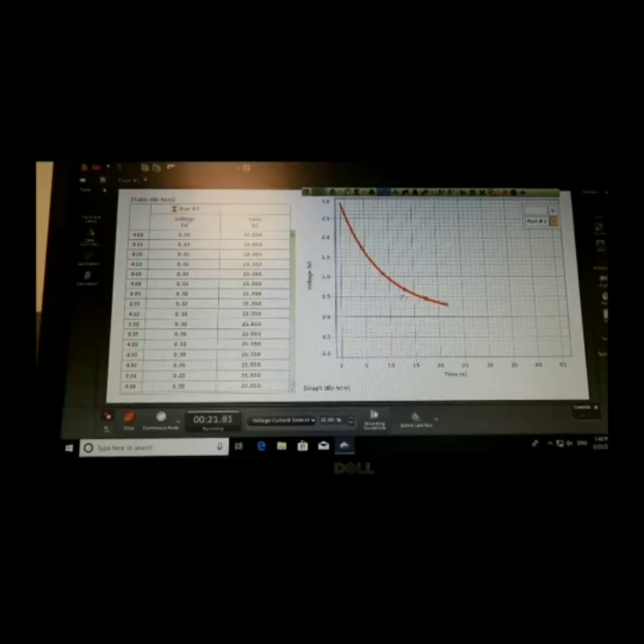The time is still now 21 seconds, 22 seconds, 23. Now it's 40 seconds, 42, 43, 44, 45, stop.